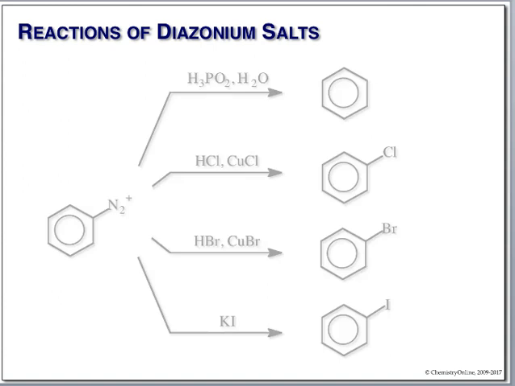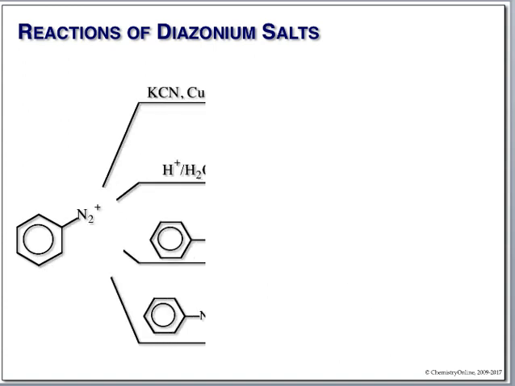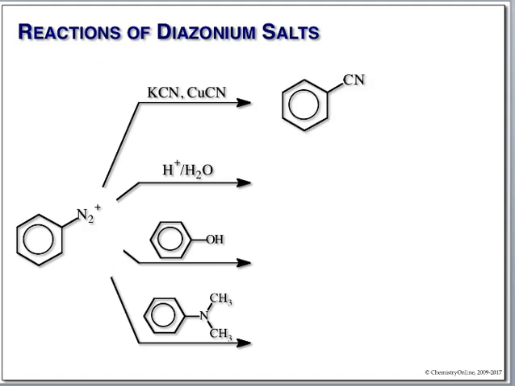We can also do an interesting thing with cyanide. Cyanide in the presence of copper(I) cyanide. Once again, we can substitute the CN and make this. Now this is really, really interesting. We've added a carbon. We know we can reduce this to an amino group. We can hydrolyze it to a carboxylic acid. We can do just lots of stuff with it. Very, very useful.